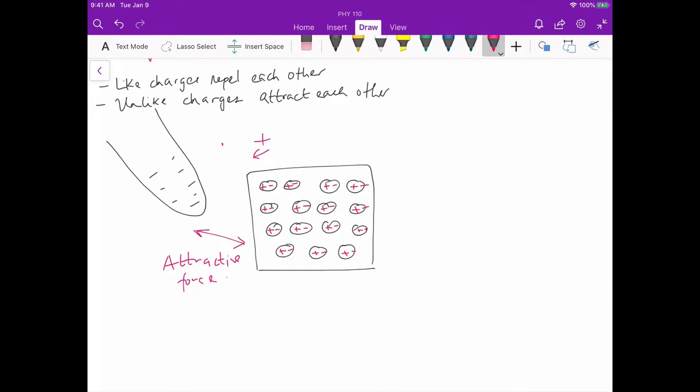Okay, so for instance, on a dry winter day when you are at home, what you can try is rub your feet on the carpet. Walk on the carpet in such a way that you are sweeping with your feet, and then if you go and touch a doorknob, which is mostly a metallic material, you will feel an electrostatic shock, right?